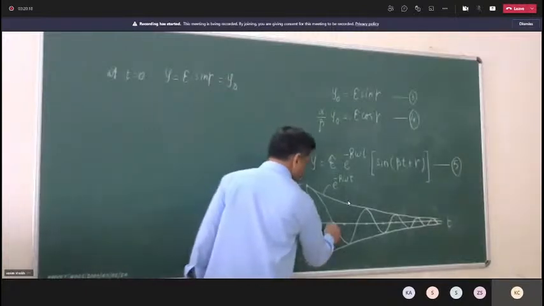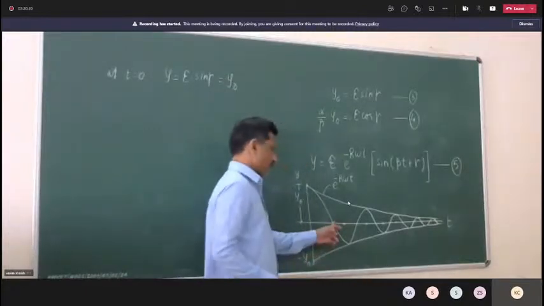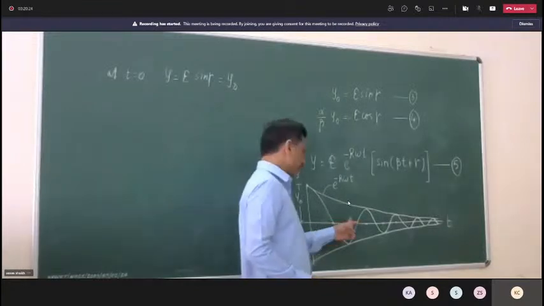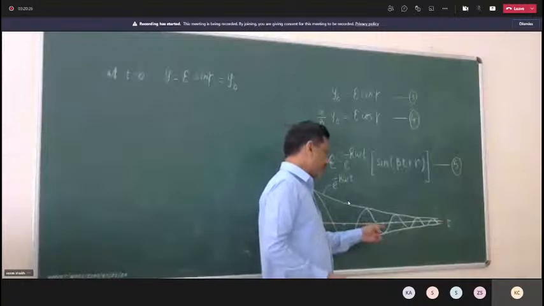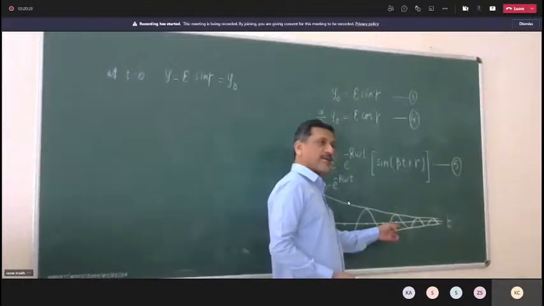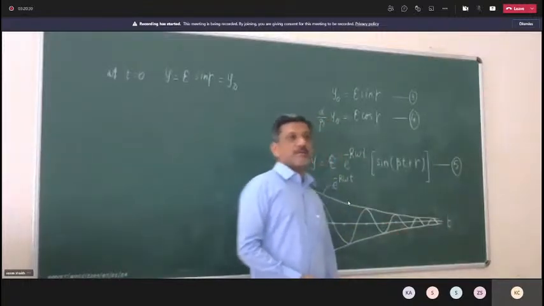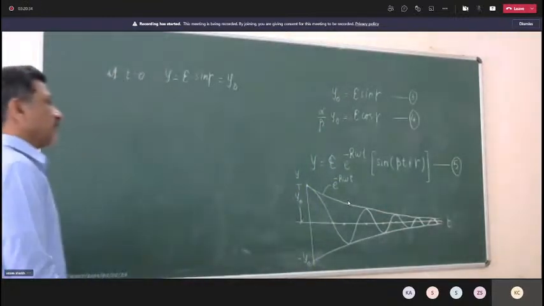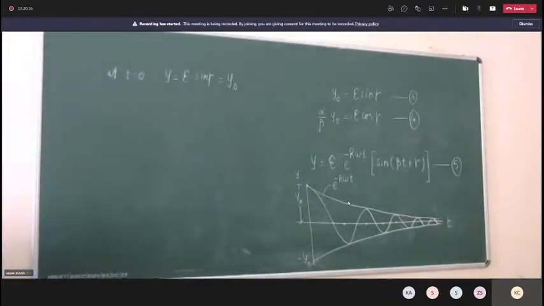And here sin theta is 0. So it is going to be pi, 2 pi, 3 pi, 4 pi, and so on. Agree? Okay.